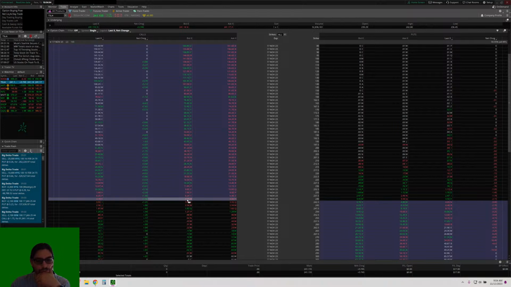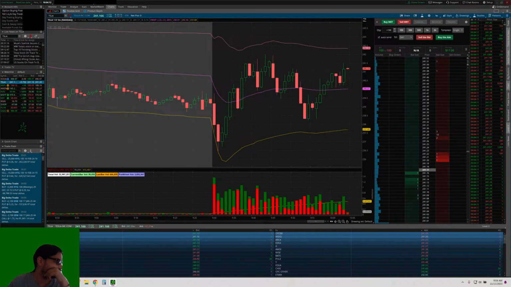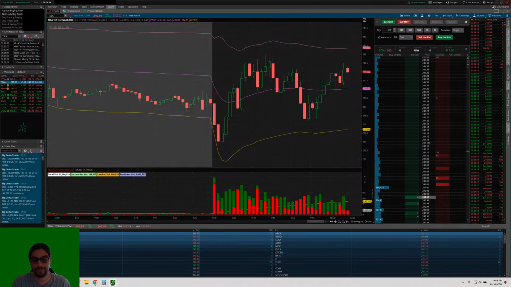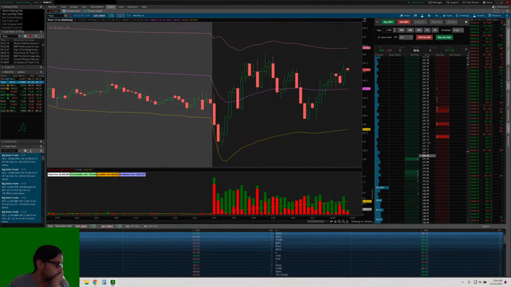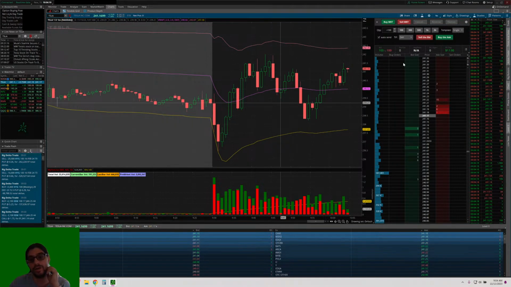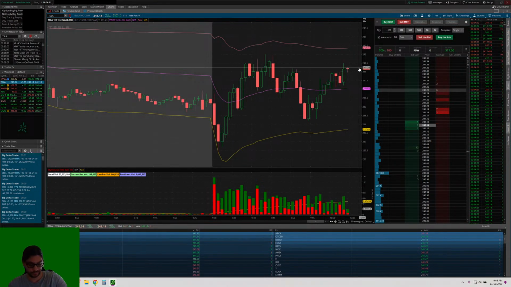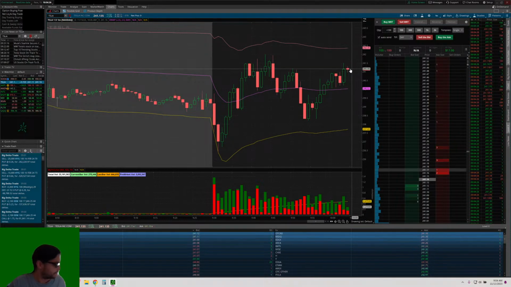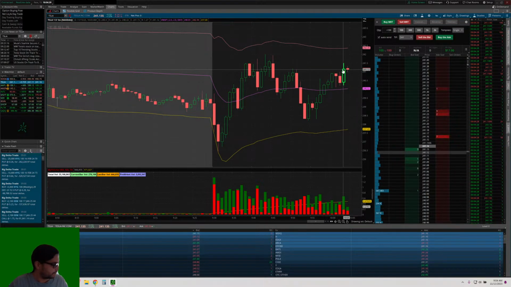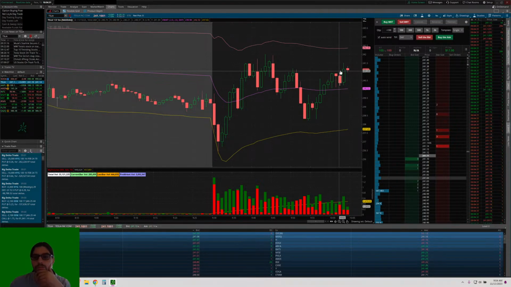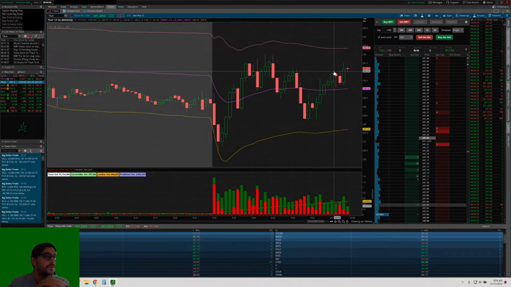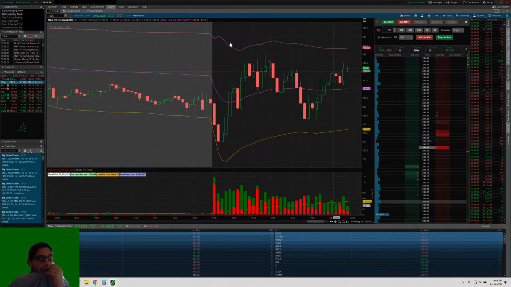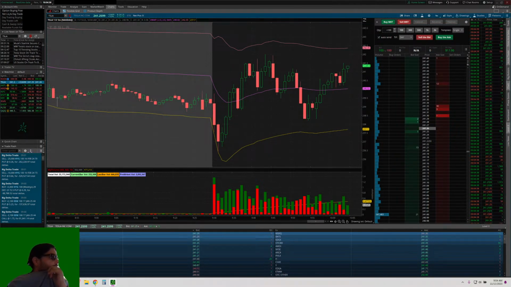And there it goes, 245. No, 2480 now. So it went up another 40 cents. Damn, that's a double right there, man. That's a double right there. So that option was a solid play.